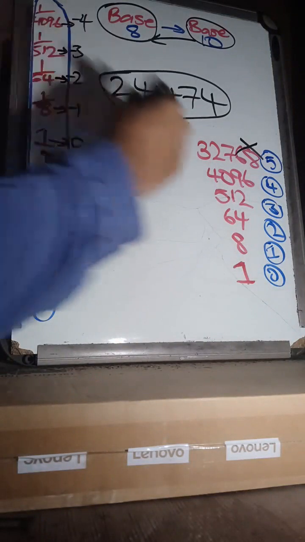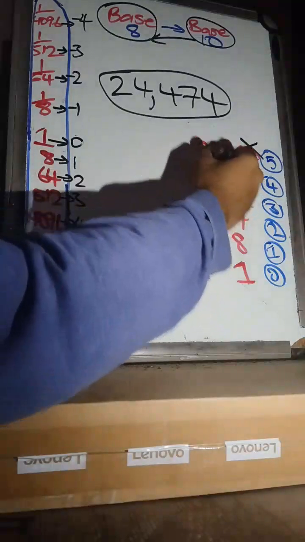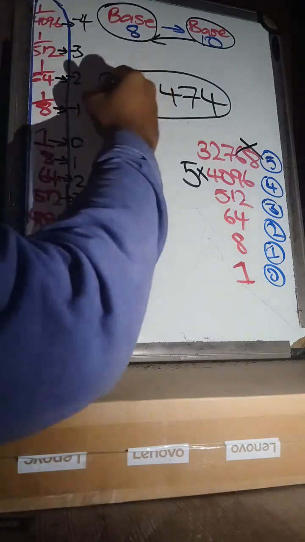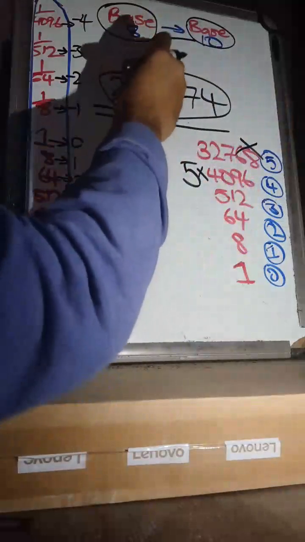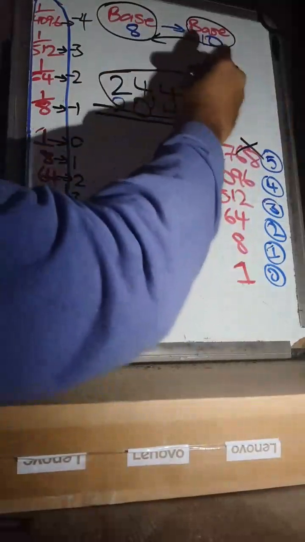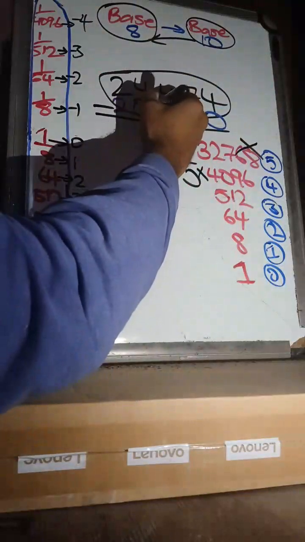So that means we'll multiply this number by 5. Right? So when we do that now, we get 20,480, so we'll subtract it from this. 20,480.